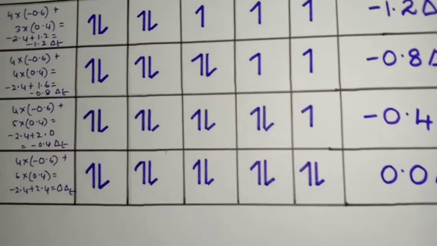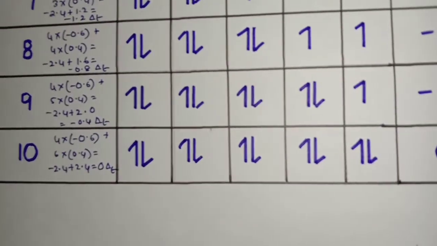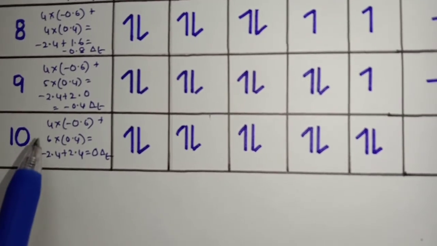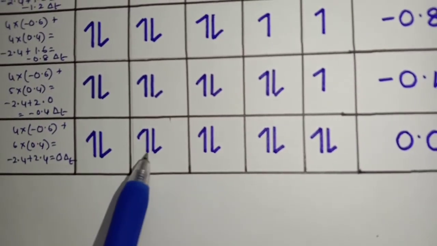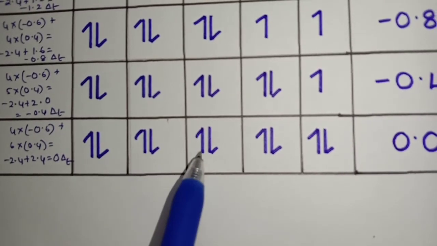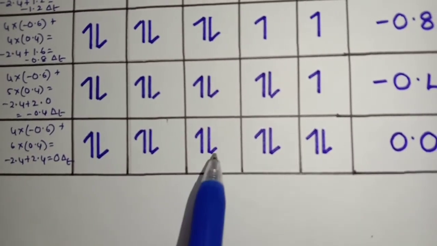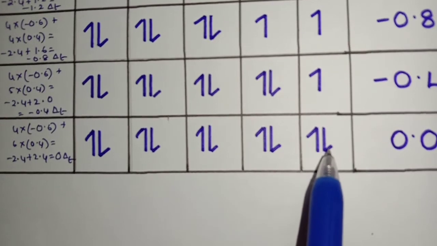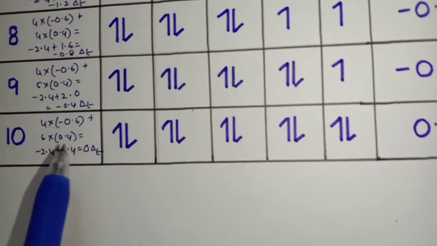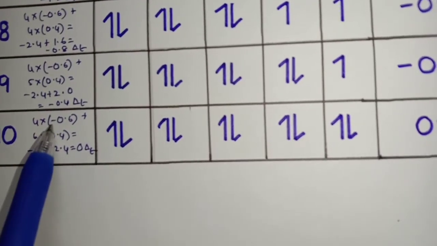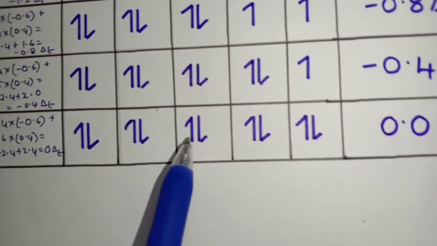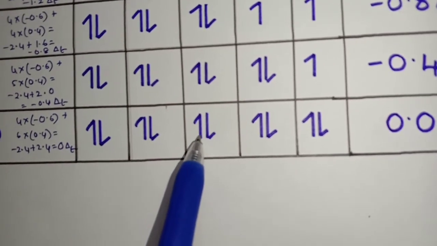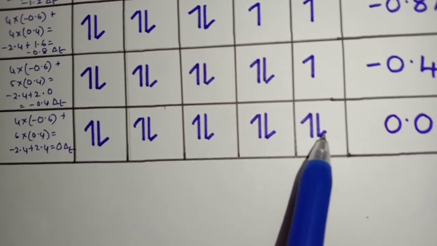Next, moving on to the last one, that is if the number of electrons in d orbital is 10. Entry of electrons: first, second, third, fourth, fifth, sixth, 7, 8, 9 and 10. Calculation of CFSE: 4 into minus 0.6, because 1, 2, 3, 4, plus 6 into 0.4, 1, 2, 3, 4, 5, 6.